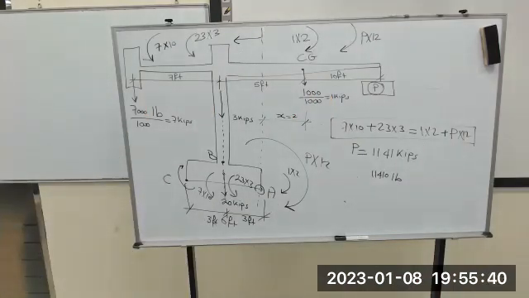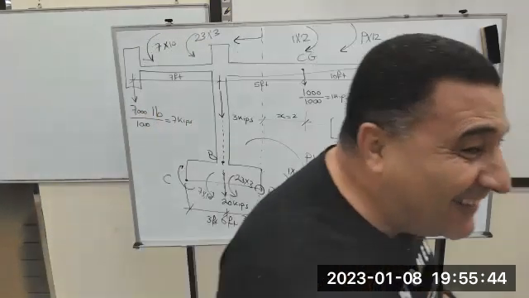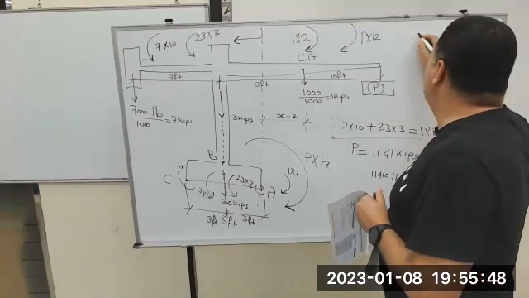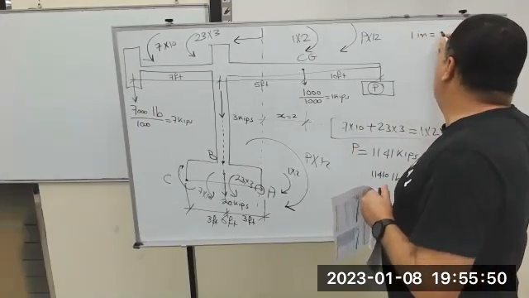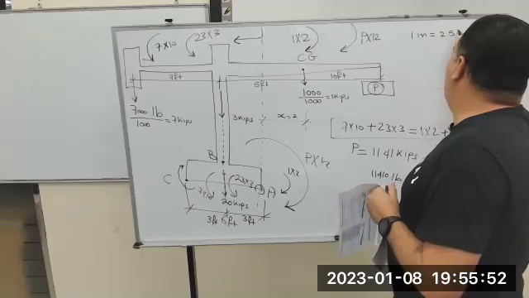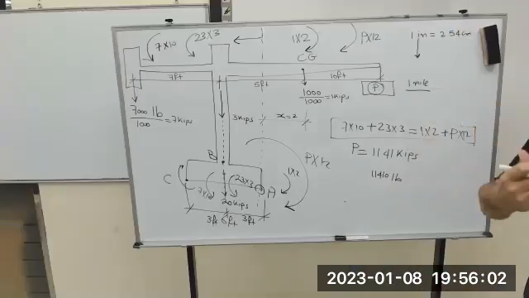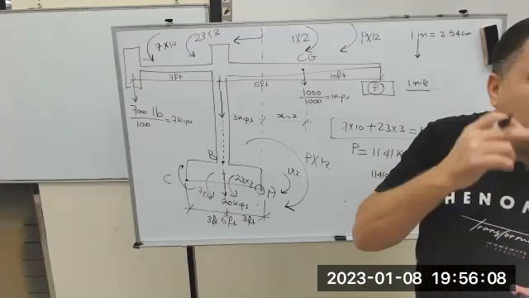Exactly. How? Start with 1 inch equal to 2.54 centimeters. I need 1 mile. It's 1 inch to 1 mile. Very important. Why am I telling you? Because this is very important.